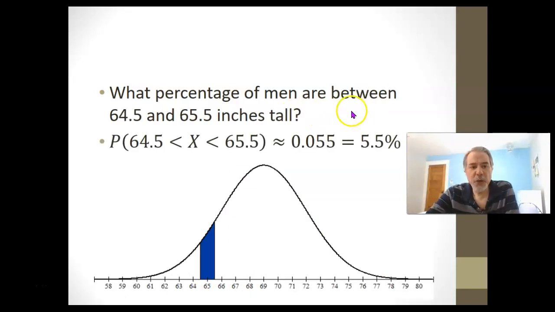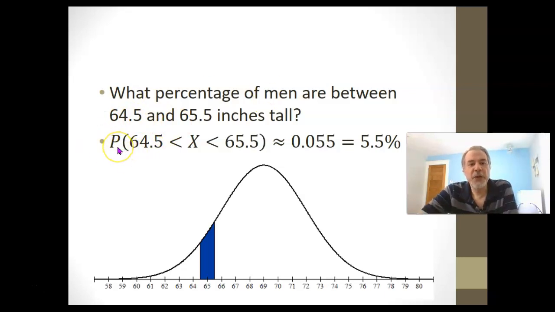And the way we answer questions like that is, well, we can write it like this: P of 64.5 < X < 65.5. The P you can think of as standing for either probability or for proportion or percentage.